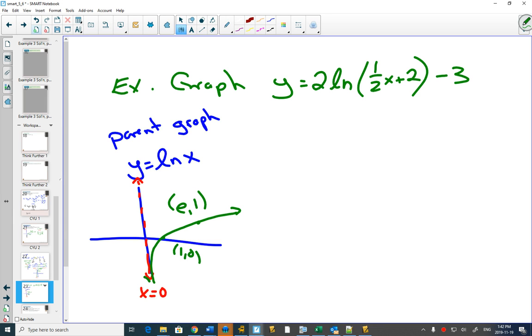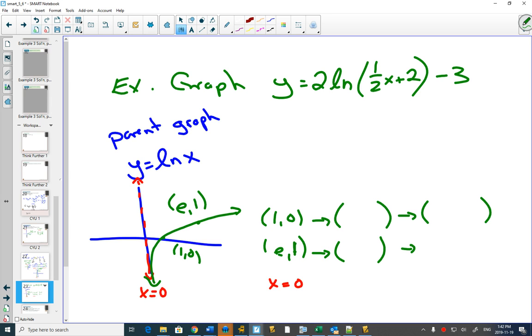Same shape. And so we're going to have (1, 0), (e, 1), and our asymptote at x equals 0. Just getting things set up to start with.